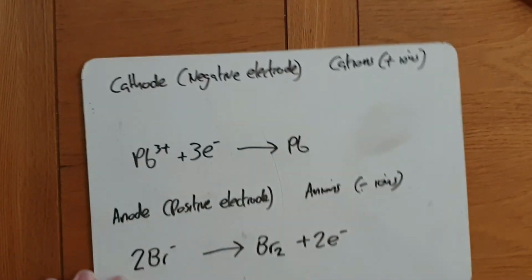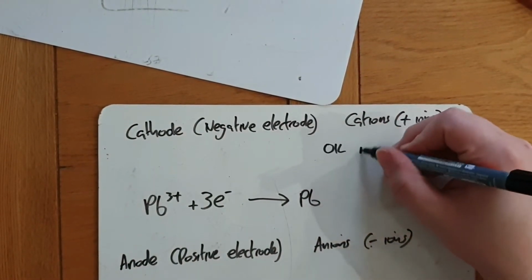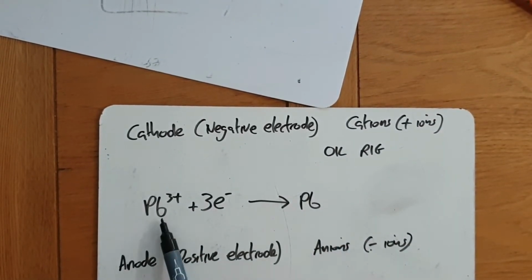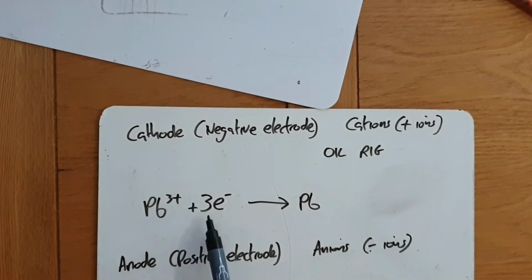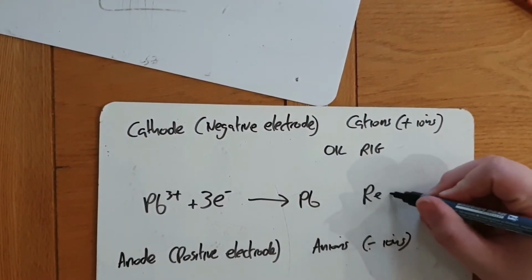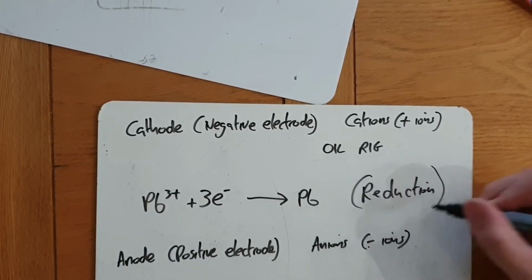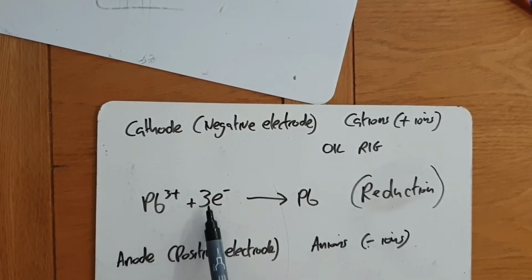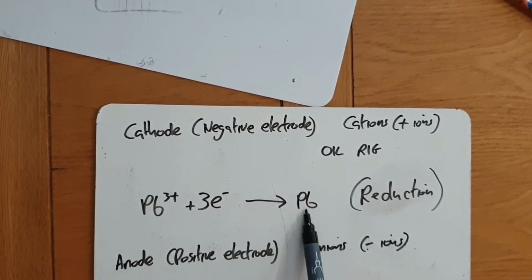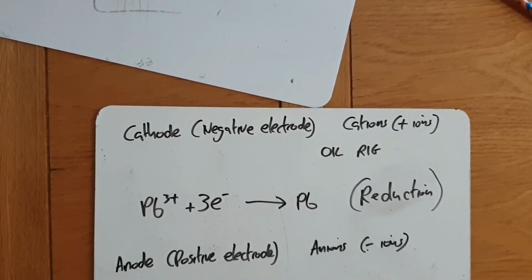If we go back to this, I'll just write it up here, OIL RIG. What is actually happening here? Well, the lead ions have gained electrons. So this is an example of reduction. The lead ion is gaining electrons, turning back into a lead atom. What's happening here? Well, the bromide ion has lost electrons.